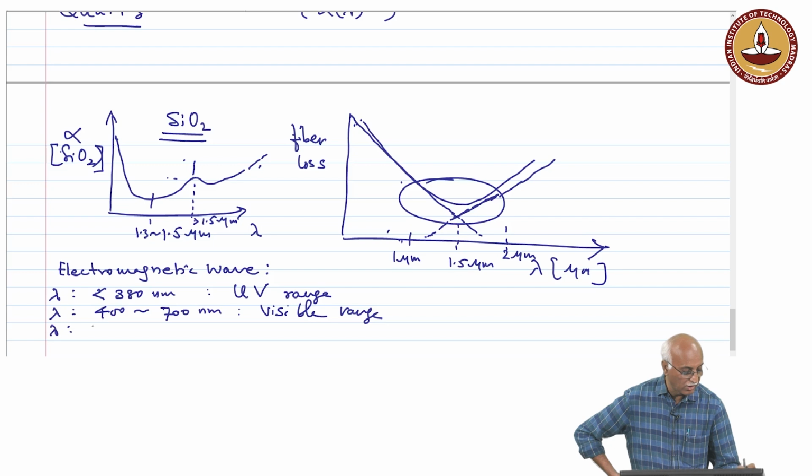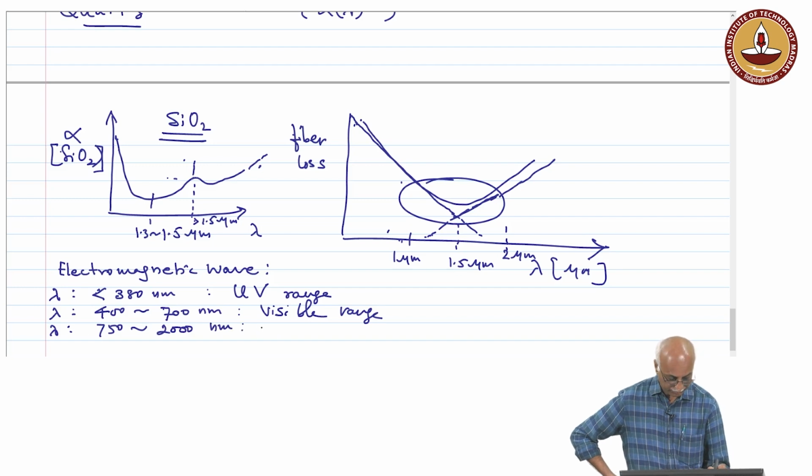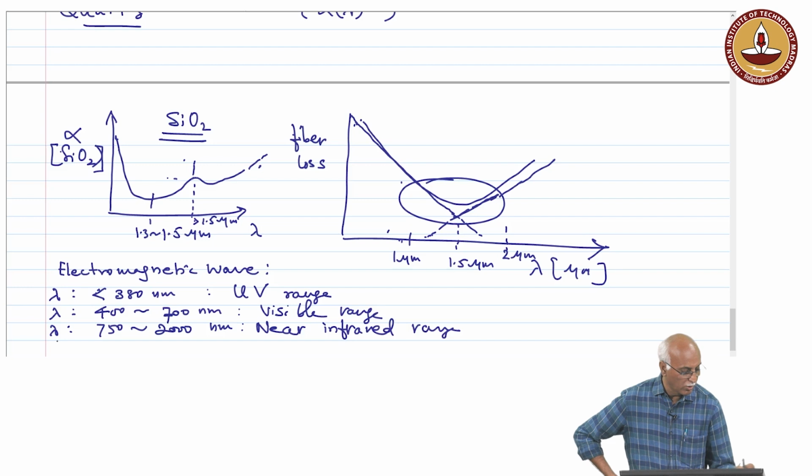When the wavelength range is beyond 750 to around 1.5 or so, these values may not be perfectly right, but within this range, I will put 2000, it is a little wider, it is the near infrared range, okay. Beyond 2000, or between 2000 and 5000 or 7000, maybe 8000 nanometer also, it is known as mid infrared range.